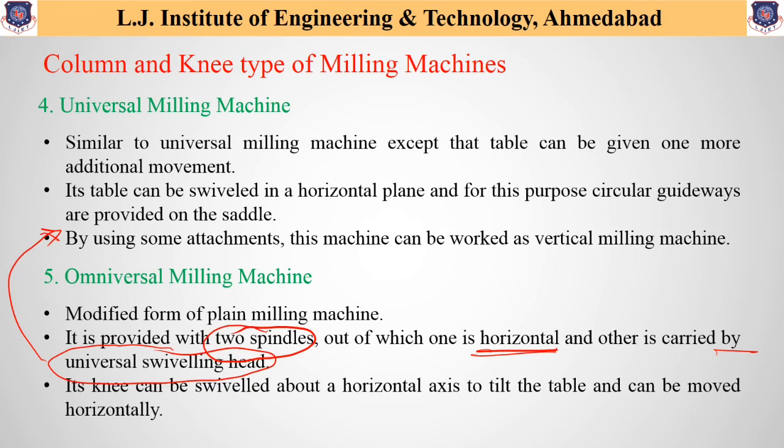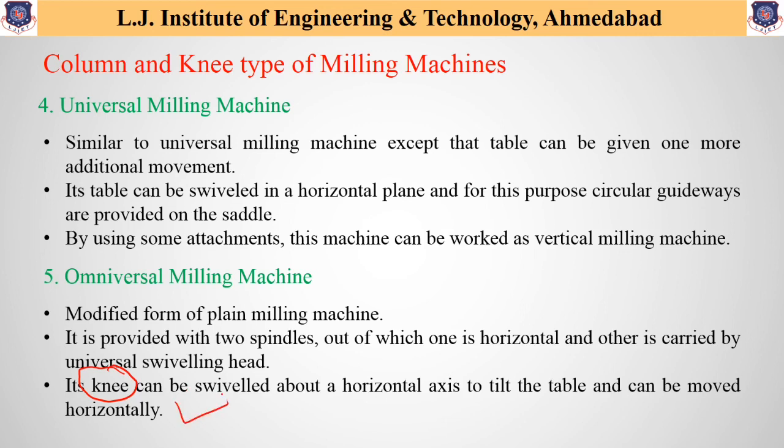That means the main advantage of the omniversal milling machine is that more than one tool can be attached, because it is provided with two spindles. Another advantage is that its knee can be swiveled about a horizontal axis to tilt the table, and it can be moved horizontally.